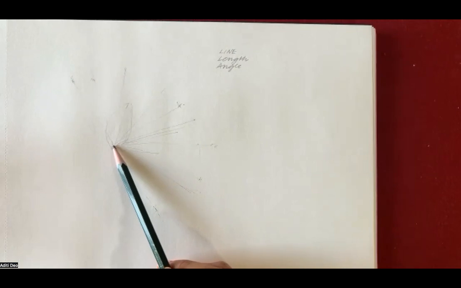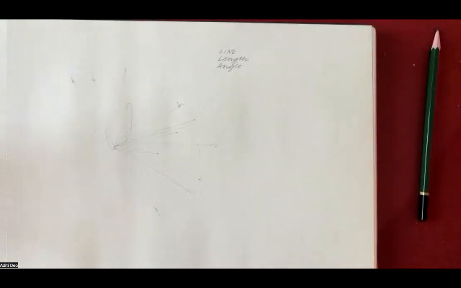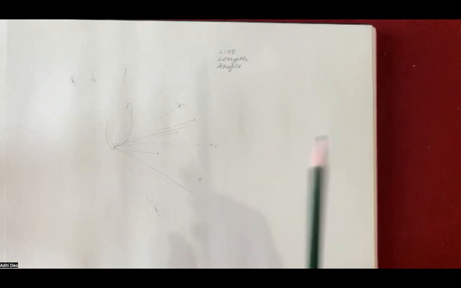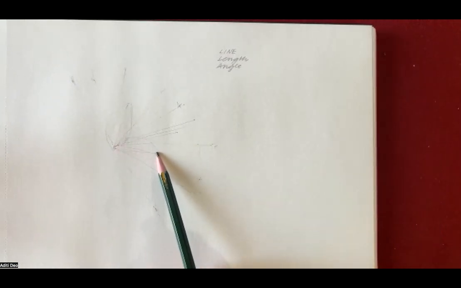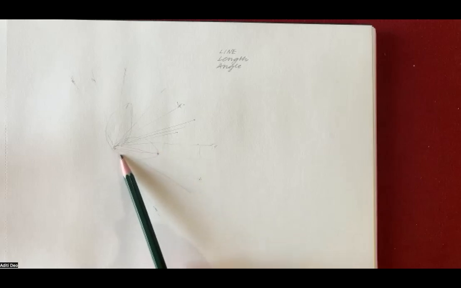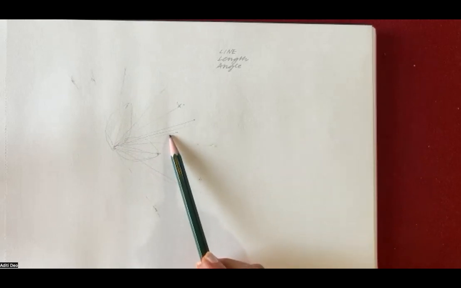So here you also have an overlap. You'll need to know which petal you're drawing. So this line and this petal overlap. And like I said, take your time in figuring this out.